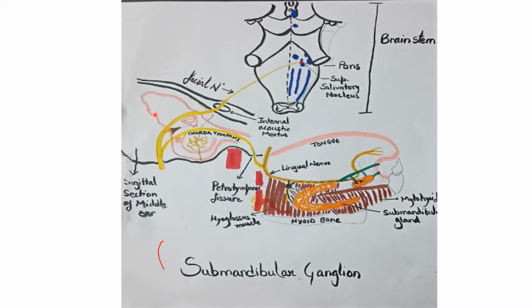Understood? And this is the sagittal section of the middle ear, in which you can see this is your facial nerve, seventh cranial nerve, and this pink lined section is the middle ear posterior wall, right? The features which are more visible over this are the stapes, the promontory, and the stapedius muscle.